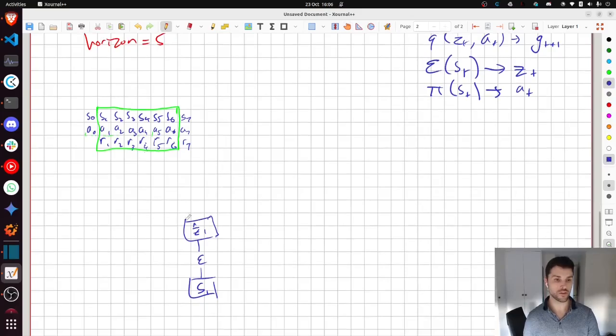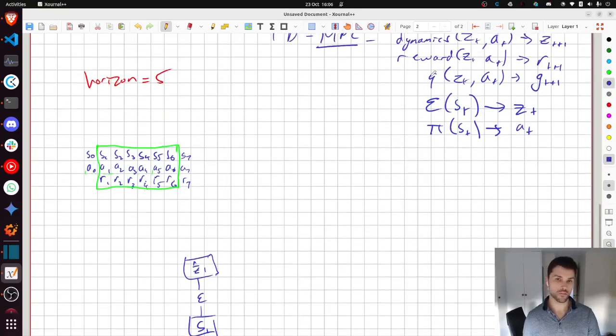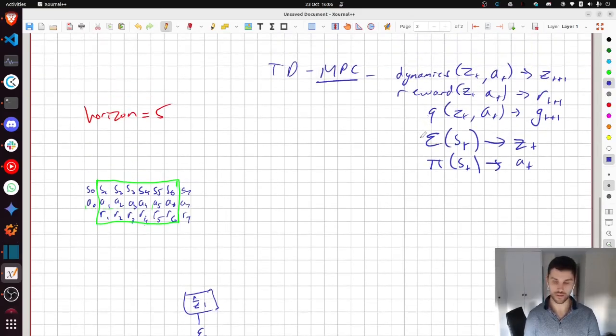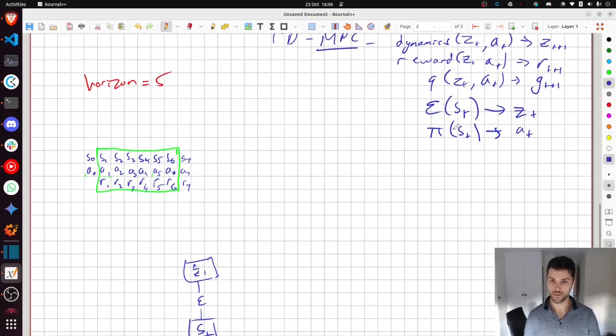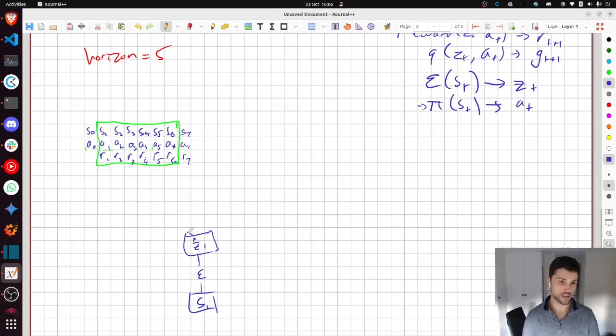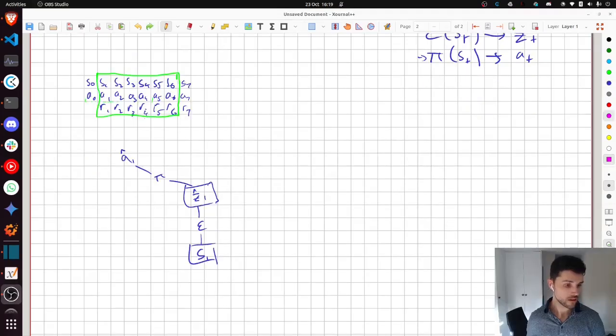Then there are many things we're going to do with that, and they don't have to be in this order necessarily. But one of the things we could do is pass it through the policy network, and that predicts an action at time 1. Now this already gives us our first loss, because we can compute some sort of regression loss. So I'm just going to put L2 loss here between the predicted action and the action from the data set.